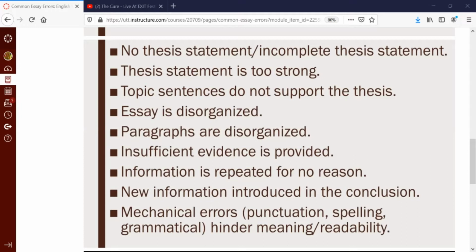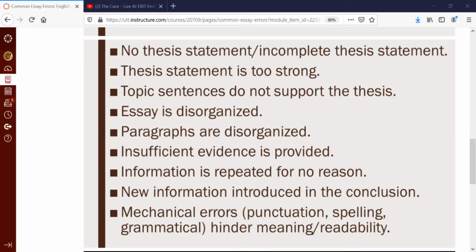And so if your topic sentences for each paragraph do not link back to your thesis statement, it means your essay and your thesis statement are at odds, or do not match with each other, are disconnected. So your topic sentences should link directly to the thesis. If the thesis is the main idea of your essay, then each topic sentence should reflect the thesis in some shape or form.